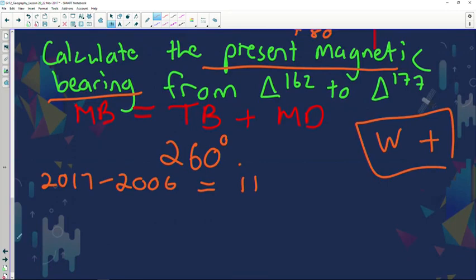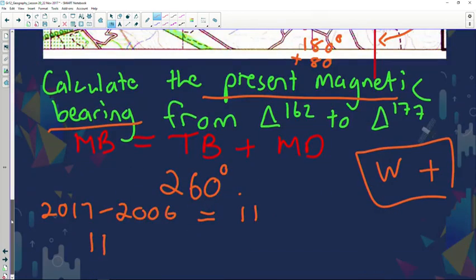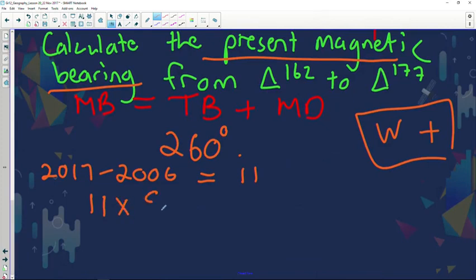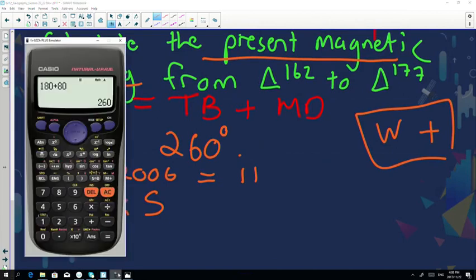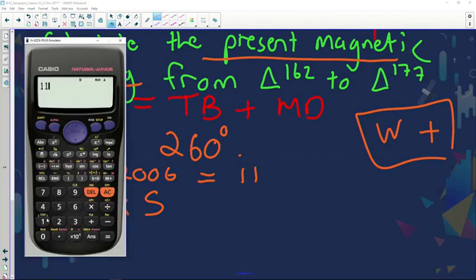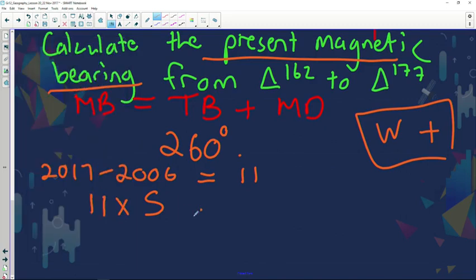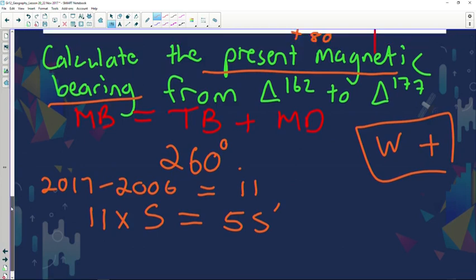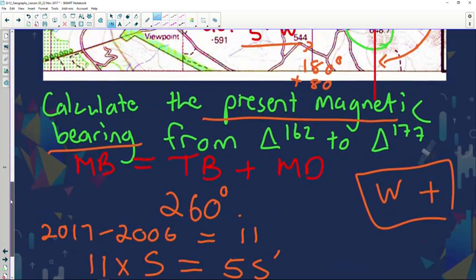So 11 times 5, just rather safe than sorry, 11 times 5 gives me 55 minutes. Because it's moving in the westerly direction, what are we going to do with the magnetic declination? We're going to add this 55 minutes.